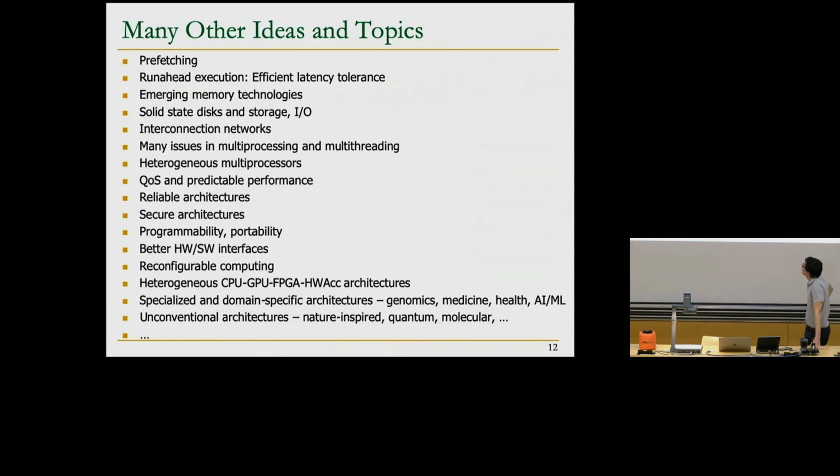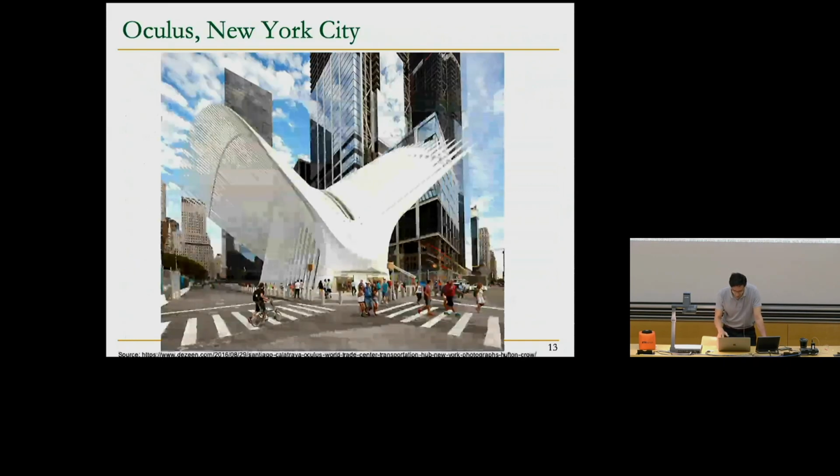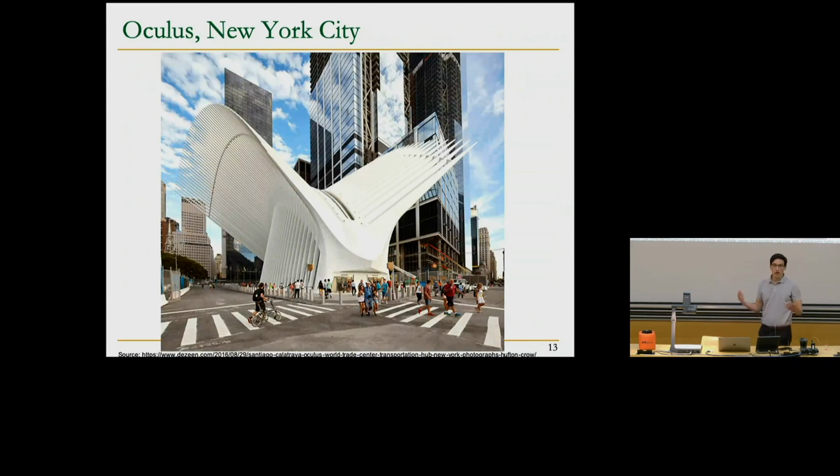I will talk about them briefly. For example, prefetching or run-ahead execution, emerging memory technologies, SSDs and storage, interconnection networks, and so on, as you can see. And you need to understand all of them very well if you want to build efficient computing systems, right? It's the same as Calatrava had to do when he designed this building in New York.